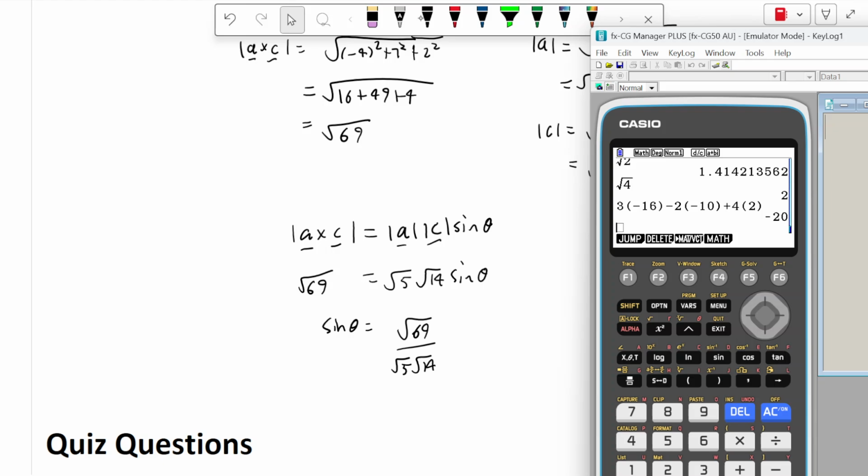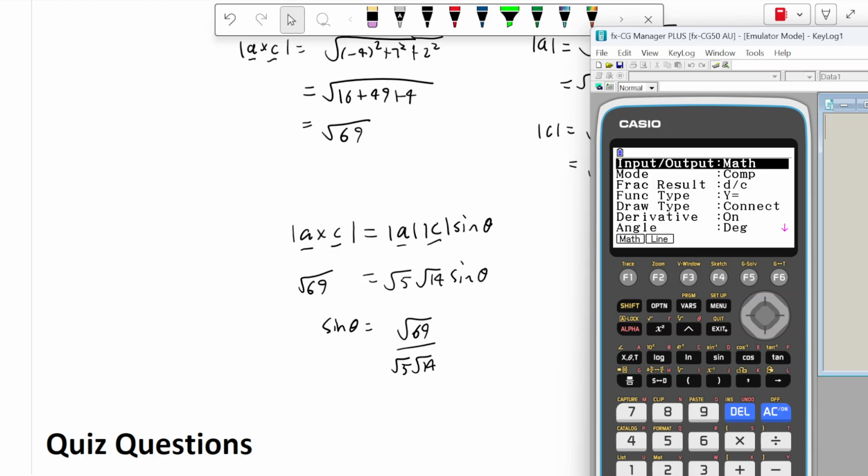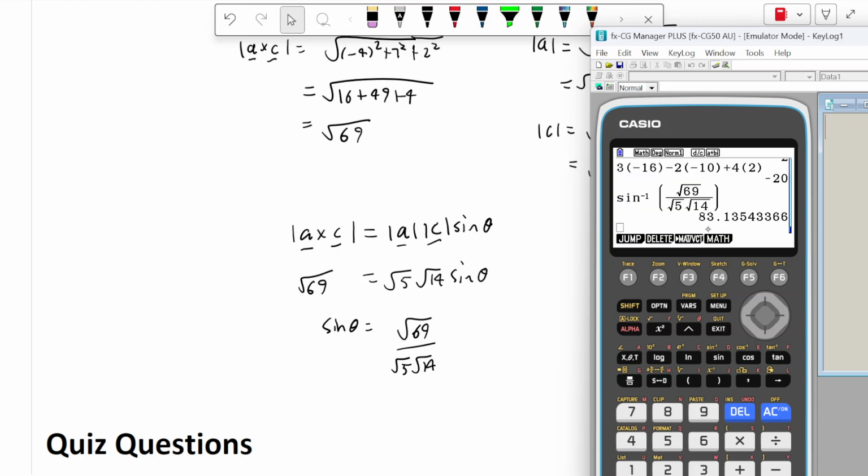And then we just work out what that is. So it's going to be inverse sine, and we'll put all those square roots on. So about 83.135. Make sure your calculator's in degrees. If it's not, just set it to degrees in shift setup. 83.1.